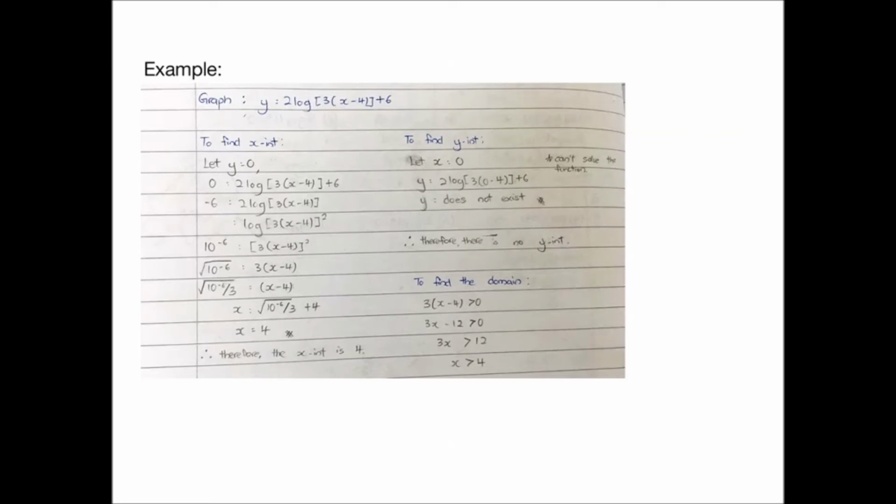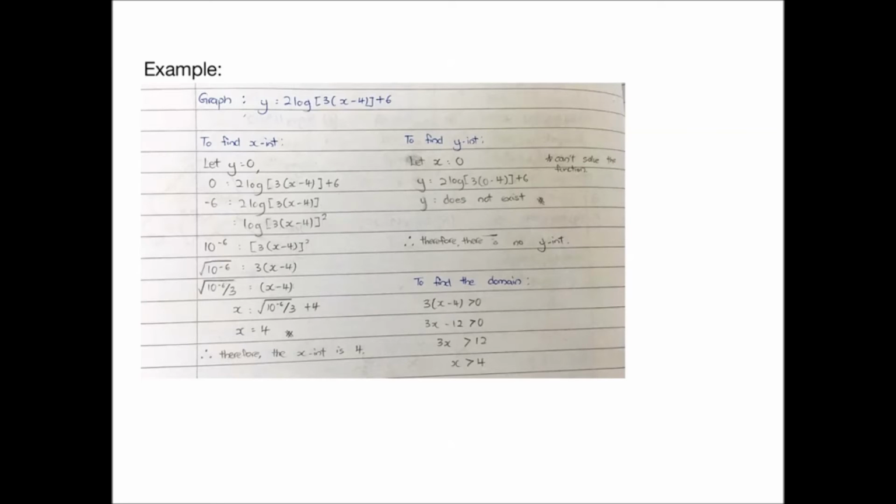Now, 0 equals to 2 log bracket 3 bracket x minus 4 close bracket plus 6. And then we move the 6 over, it will be negative 6. Now, using the log of a power, we can shift the 2 to square.